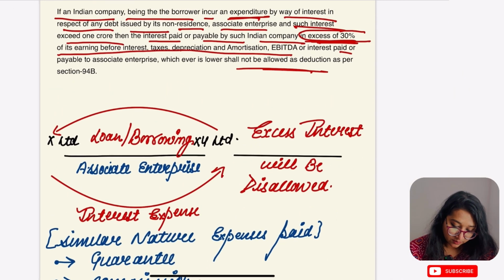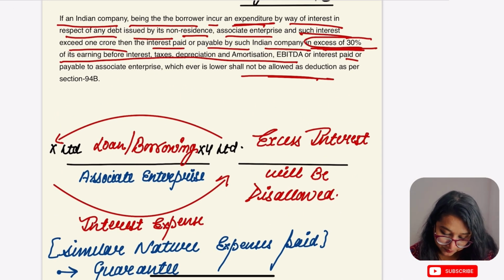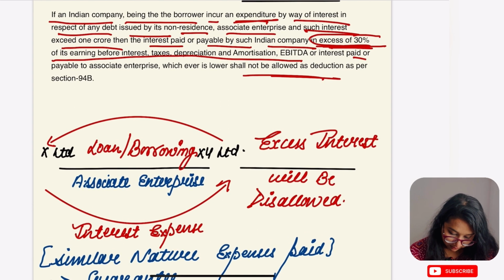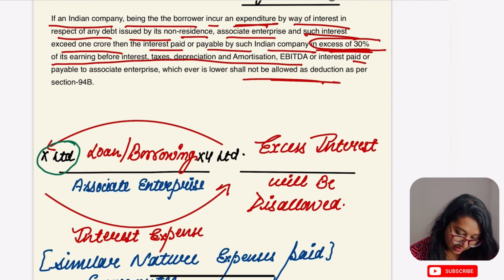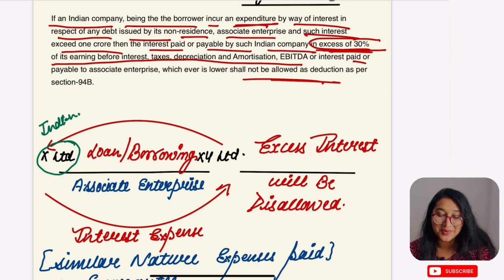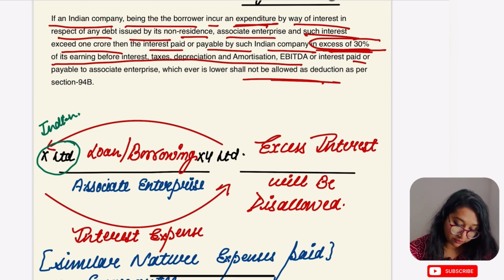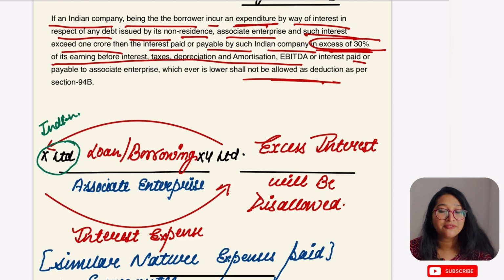X Limited is an Indian company. Let's understand with the example according to law. If an Indian company borrows and incurs an expenditure by way of interest, here X Limited has taken a loan from its associate enterprise, who is non-resident, of course.